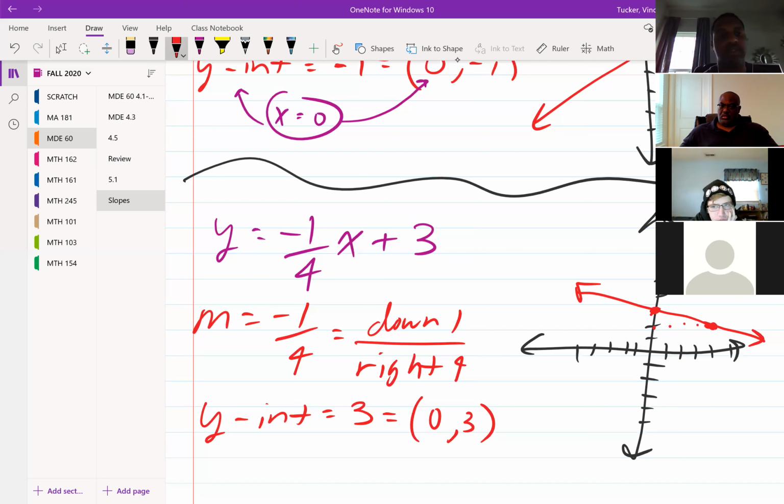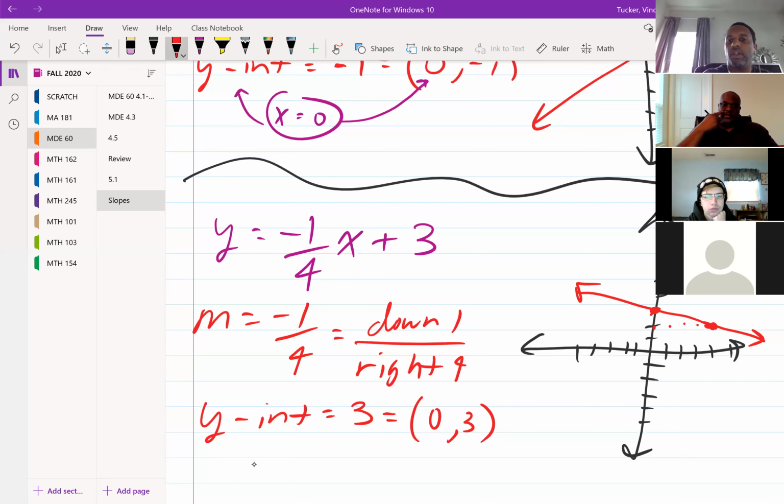Questions? Any questions? See, slope-intercept form. Okay, we can do the last 2 sections next class.